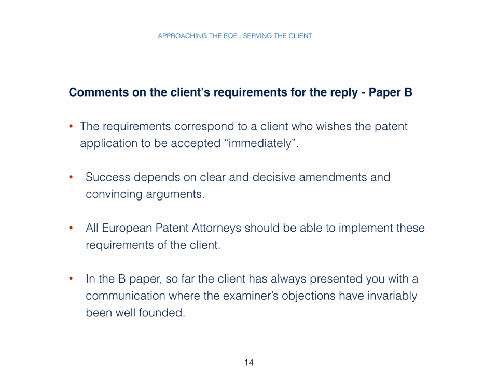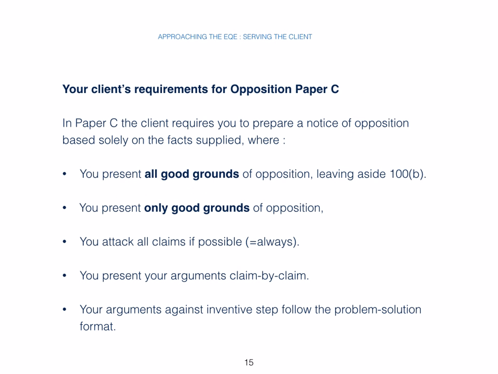We will now turn to the client's requirements for paper C. In paper C, the client requires you to prepare a notice, or in fact a statement of opposition, based solely on the facts supplied, and then we're going to go through the conditions.